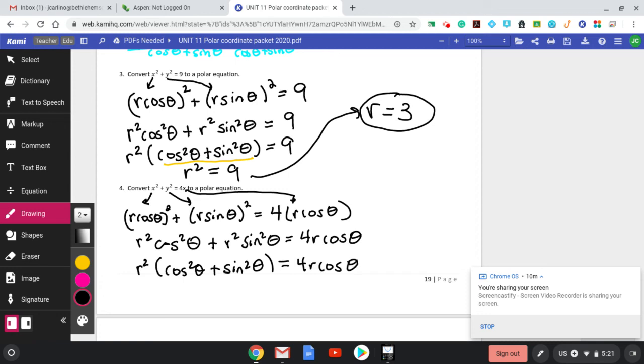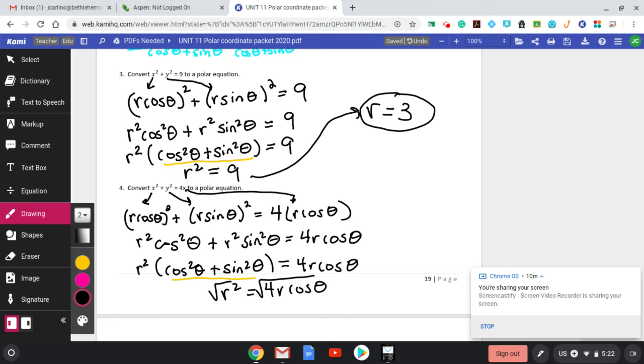All right, let's go. What do you see? Cosine squared plus sine squared, that's the same as, what could I substitute in? 1. So r squared equals 4r cosine theta. All right, now here's where it gets a little crazy. I know a lot of you probably want to take the square root of both sides. I get it. But here's the problem with doing that.